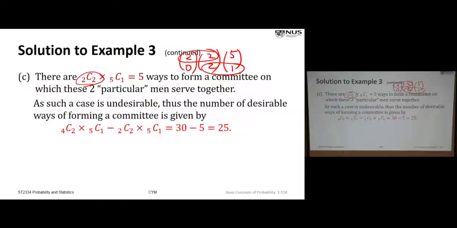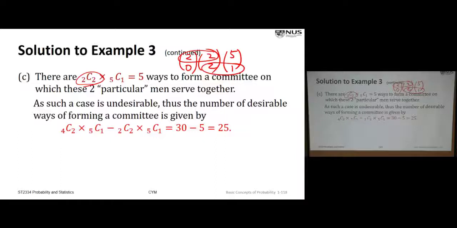If we choose any one of these 2 remaining men, then we have only 2 places, and if we fill 1, then only 1 is left. We are considering these 2 particular men, who must be on the committee. Therefore, we cannot let the other 2 men have any place in the committee.